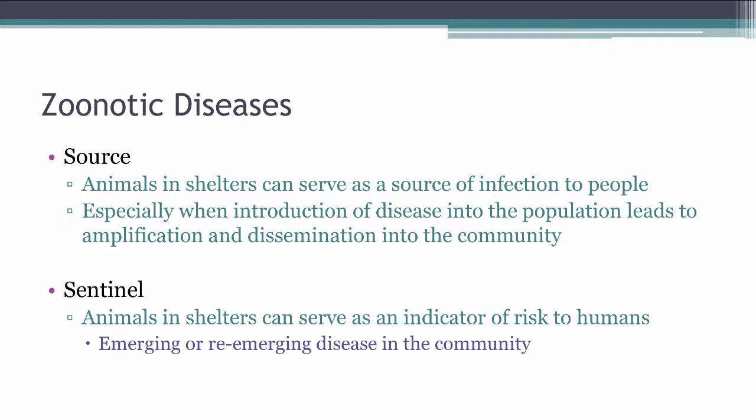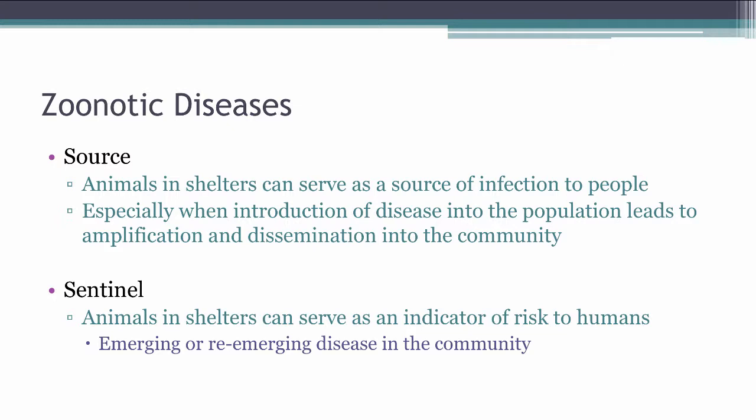All right, so I think it's important to realize, obviously, animals in shelters can serve as sources of infection for other animals and for people in the community. And that raises it to a whole other level over our typical animal diseases when we're dealing with animal disease outbreaks, when people can also become infected. That changes the landscape quite a bit.